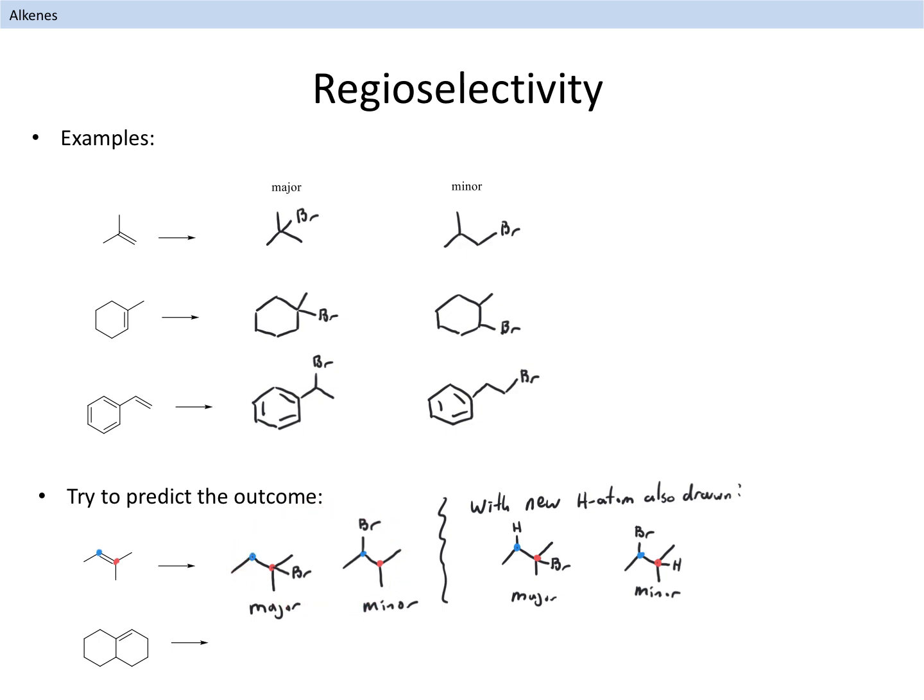How did we know to place the bromine on this carbon atom in the major product, and on this carbon in the minor product? If we look at the example reactions, we can see a pattern emerge, whereby the bromine atom is always attached to the carbon atom that is more substituted, and the hydrogen atom is always attached to the neighboring carbon, which is less substituted.